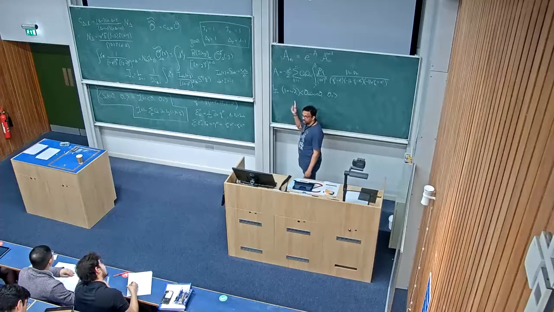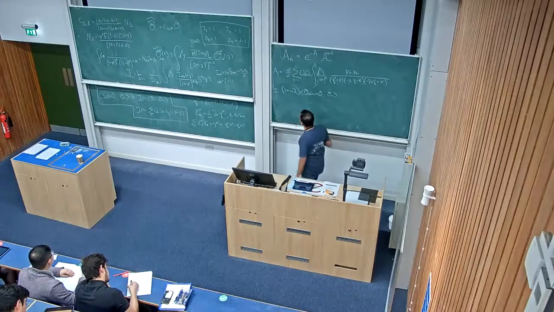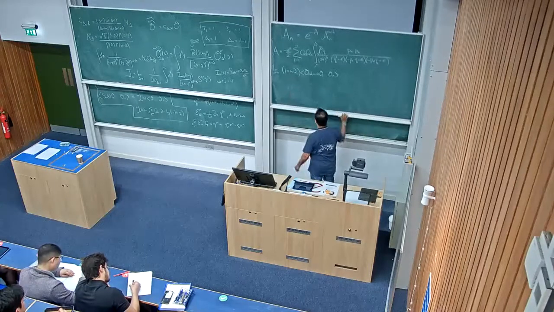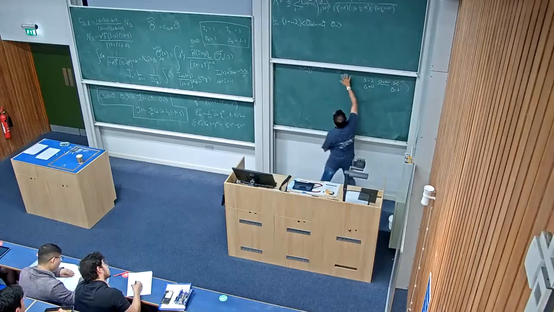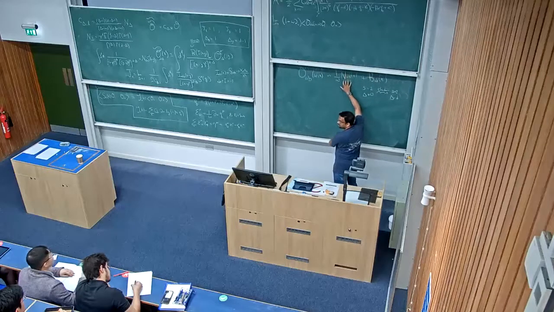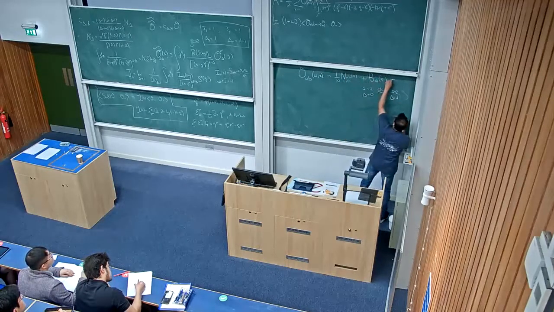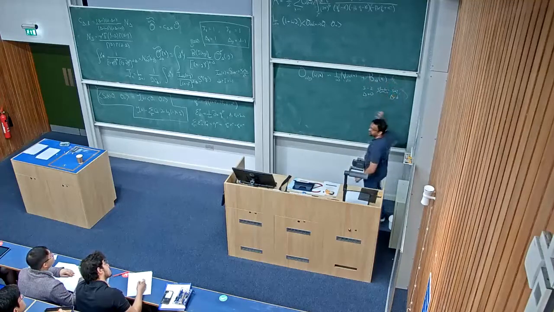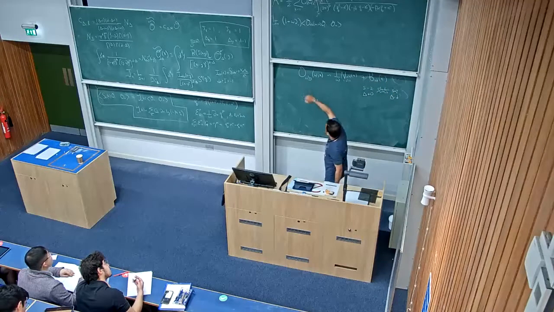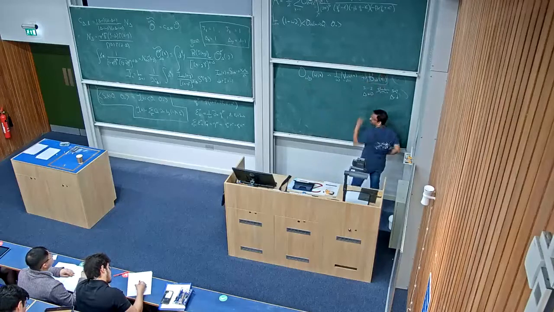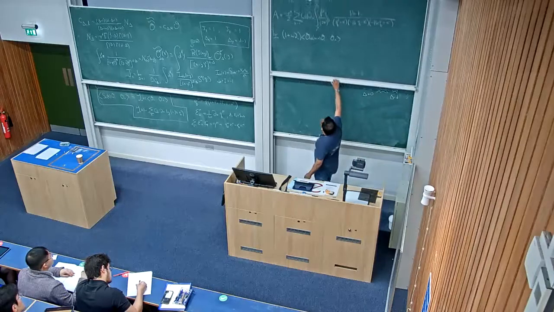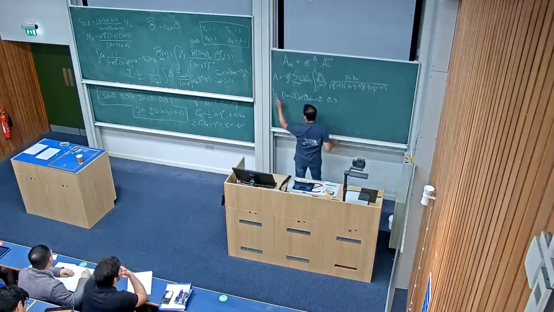This is killing off the 1 over omega pole. So if I do 1 plus omega del omega, that gets rid of this piece right here. It kills this piece. Then I take omega to 0, which kills off all the higher order terms here. So this limit on the right hand side is precisely extracting this operator, which is the subleading guy.